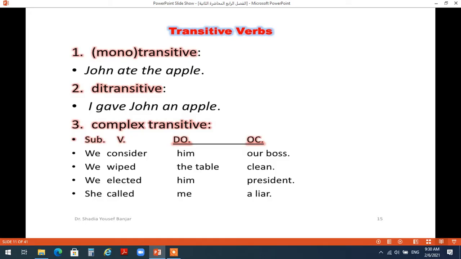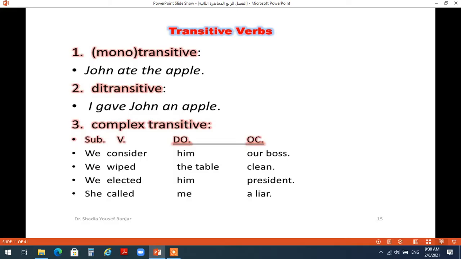As for the third type, which is called complex transitive verb, the sentence is usually made up of the subject plus the verb plus the direct object and plus the object complement. For example, we consider him our boss. We wiped the table clean. We elected him president. She called me a liar.